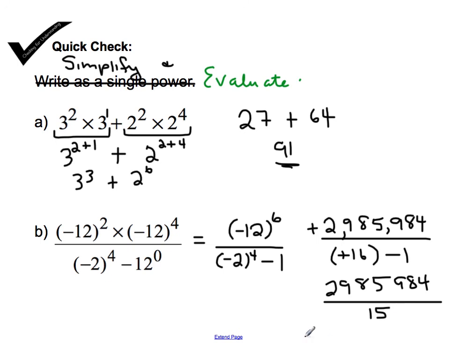Oh, okay. It's only 1 decimal place, so it's equal to 199,065.6. Okay, so it will tell you to round to the nearest whatever. You know to switch it to a decimal. So if it doesn't say anything, you could give it either form. Your fraction must be in lowest terms, though.